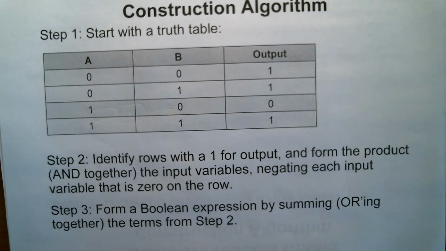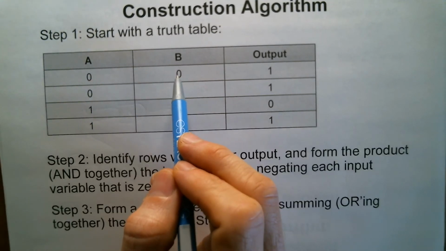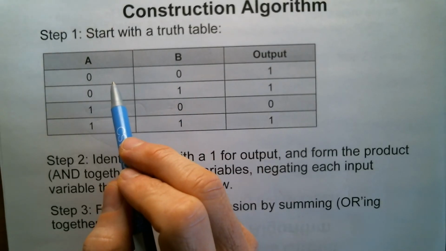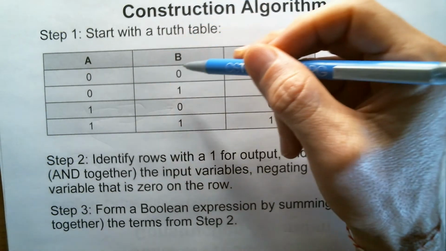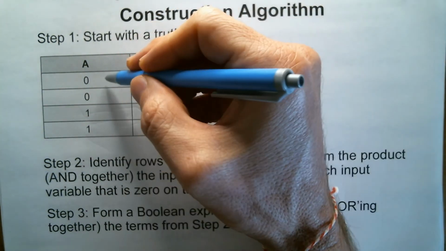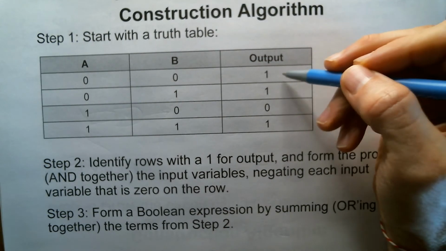Step 2, identify rows with a 1 for an output and form the product, AND together, of the input variables, negating each input variable that is 0 on the row. That's a mouthful, so let's actually talk about this. So this is not A, not B. The reason it's not A and not B is because those are zeros. If we AND together two not A's and not B's, or we AND together two not zeros, it's going to give us a 1 for an output.